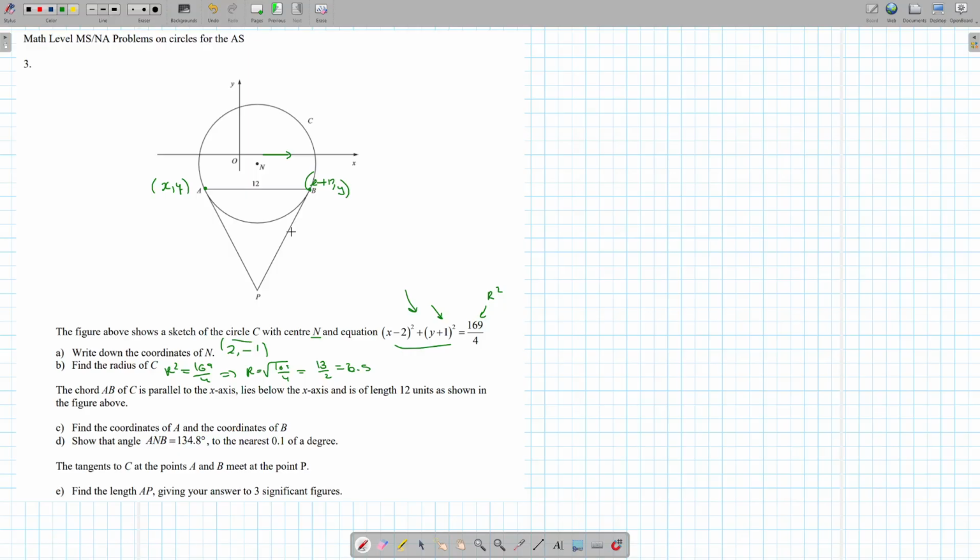So you would look at it like this and you'd be like, okay, I kind of got it straight. Let's say these two are points on the circle. If I can figure out what their x coordinates are, then I can easily figure out their y coordinates. So let's take a look here. We know that N is at (2, -1).